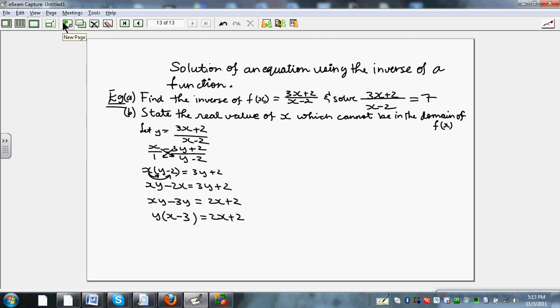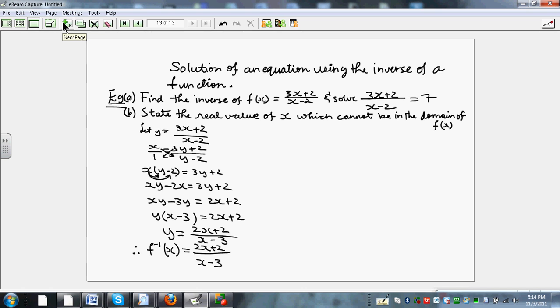And then we divide both sides by x minus 3, so we get y is equal to (2x plus 2) over (x minus 3). And once we do that, we could say that this is the inverse function. So the inverse function, in this case, of f of x, which is f to the minus 1 of x, would be equal to (2x plus 2) all over (x minus 3).